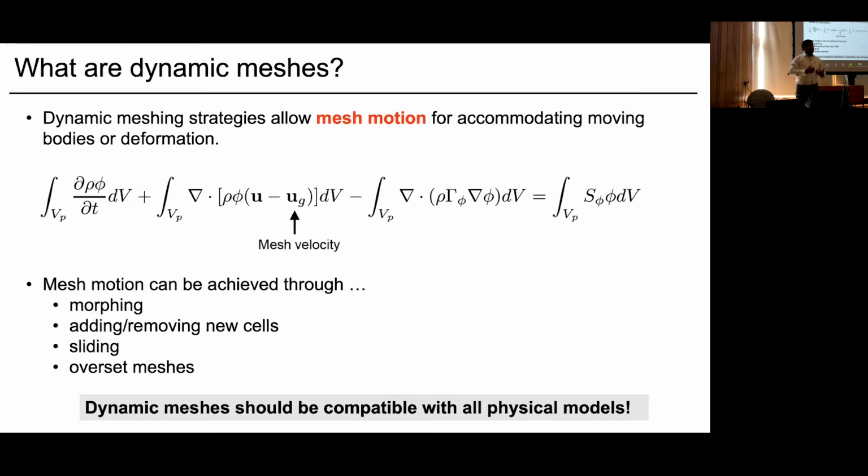So to incorporate that, we need to incorporate the mesh motion strategy, which is basically very much necessary for the arbitrary Lagrangian Eulerian framework. And if you can see that for a general transport variable phi, if we cast the incompressible Navier-Stokes equation in the ALE form, we see that in the convective term, we have a mesh velocity, which is here UG.